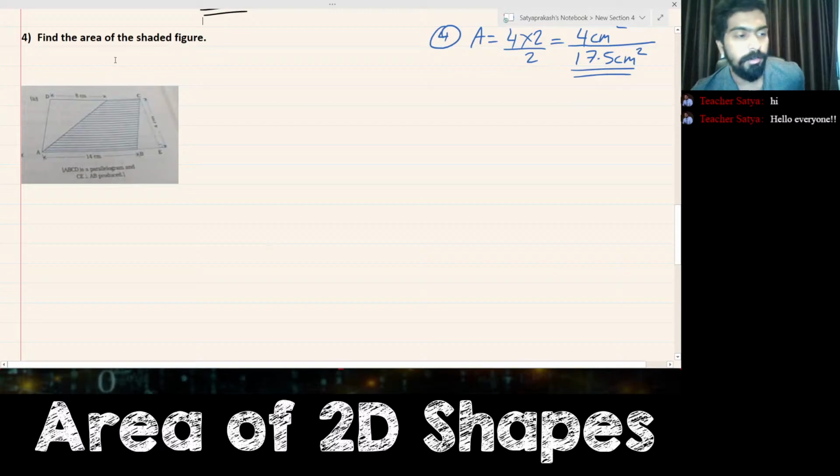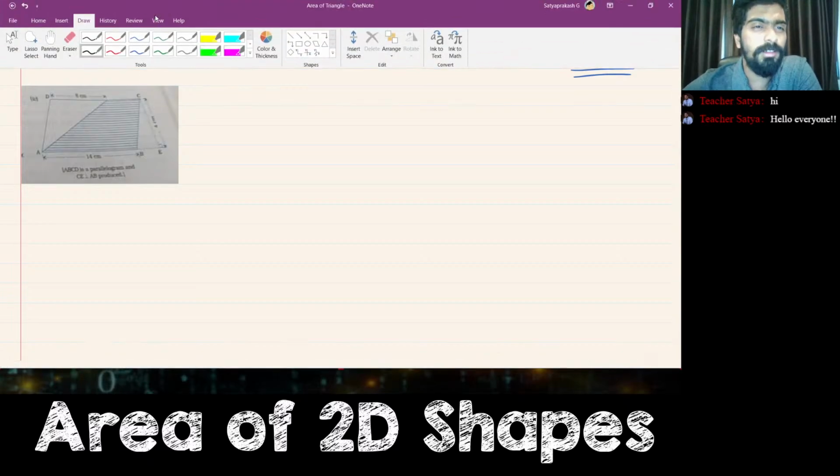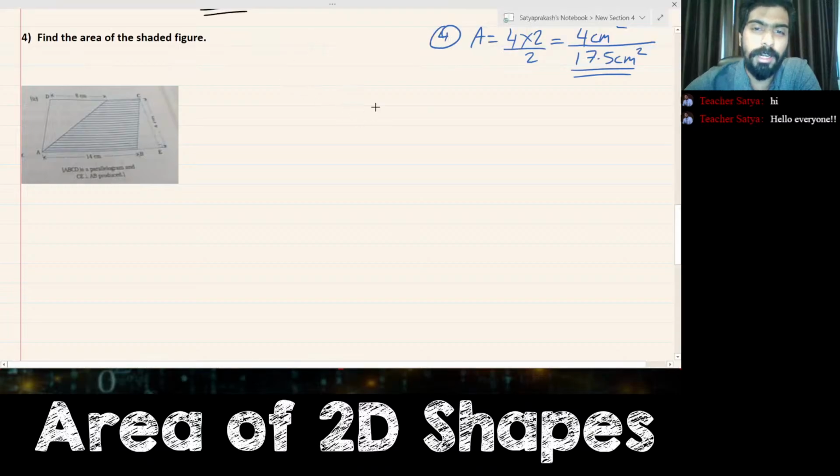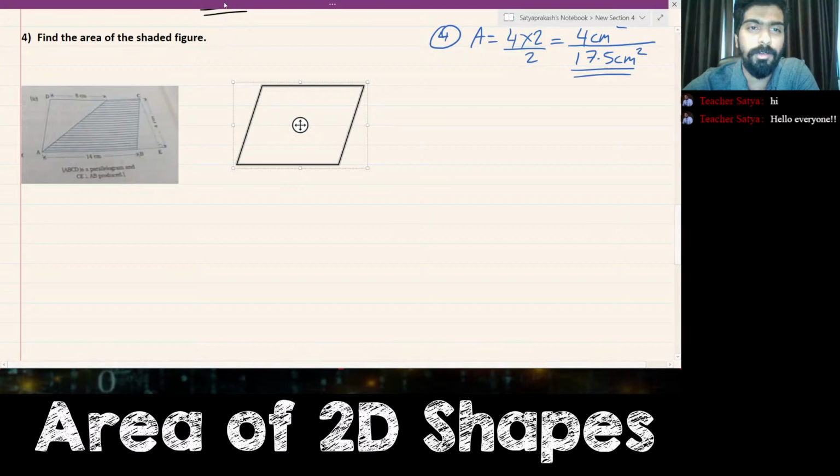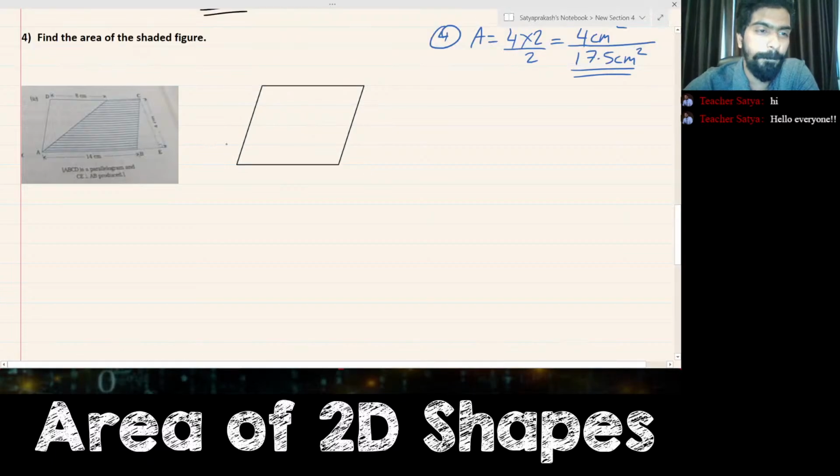Now let's find out the area of the shaded part once more. Okay, now let's see what we have here, right? So if we take a look at this, now we have to find the area of the shaded part, and this looks something like this, right guys, with a line going pretty much like this.